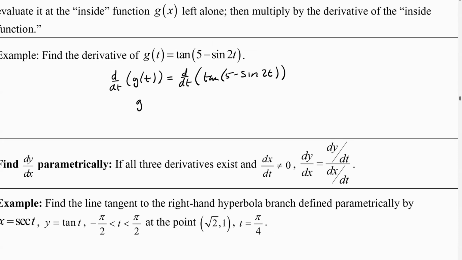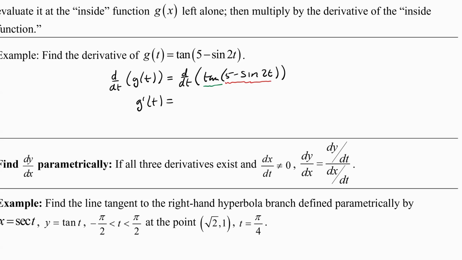So I know that I can call this g prime on that side. The outside function is the tan function. The inside function is all that stuff inside the parentheses. So when I take that derivative, I'm saying, well, what's the derivative of tan?